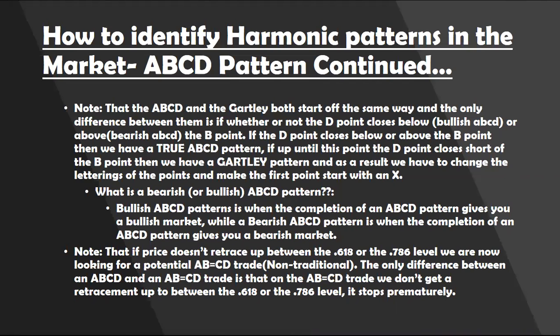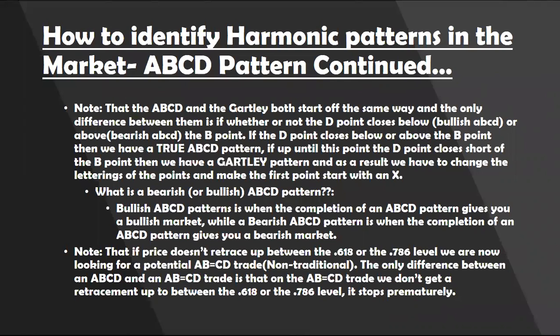You also want to note that if price doesn't retrace between the 0.618 and the 0.786 level, we are now looking for a potential AB equals CD trade, which is the non-traditional harmonic pattern.